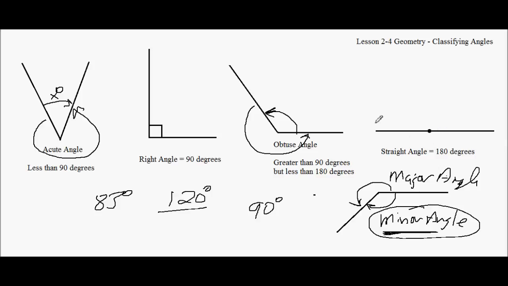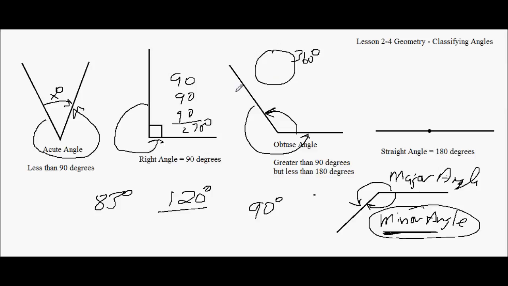But this would be 270 degrees right here, right? 90 plus 90 plus 90, 270. Because another 90 would be 360, and a circle is 360, right?